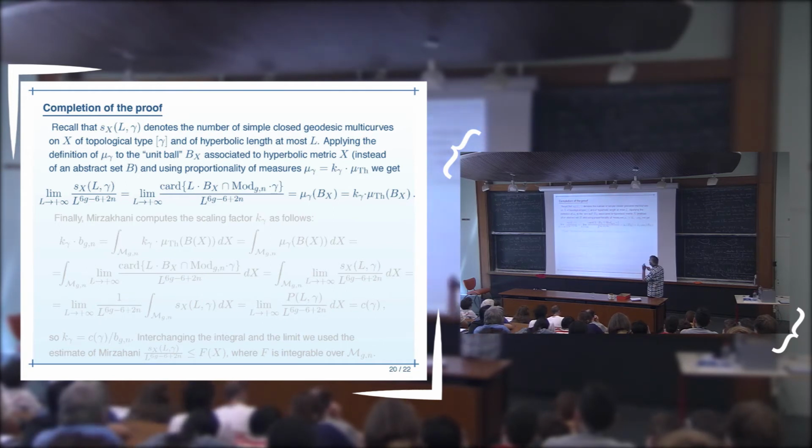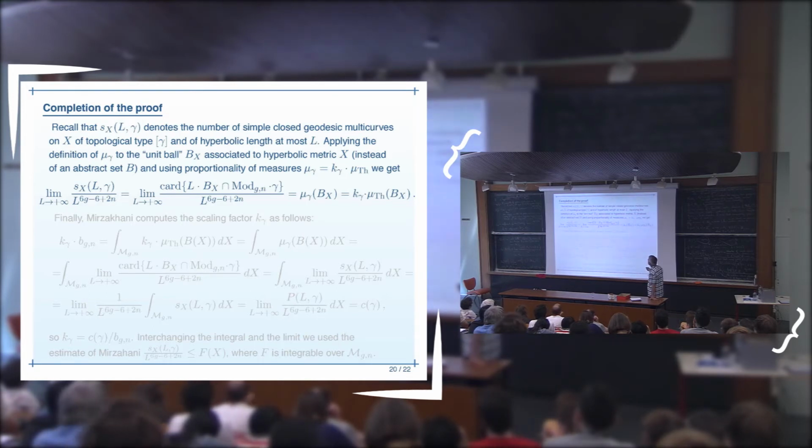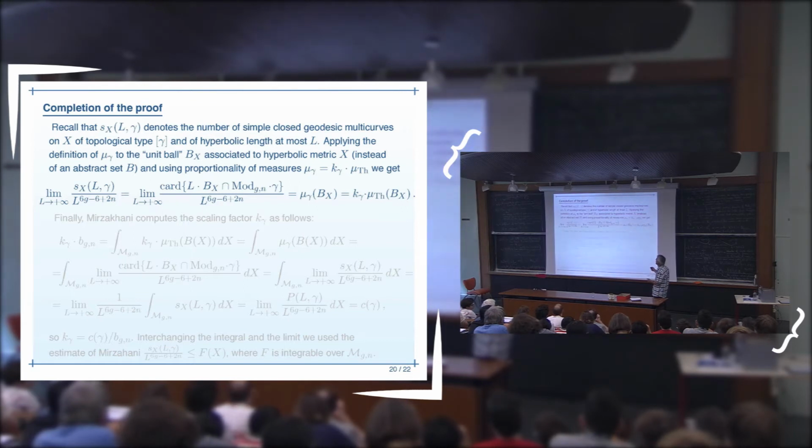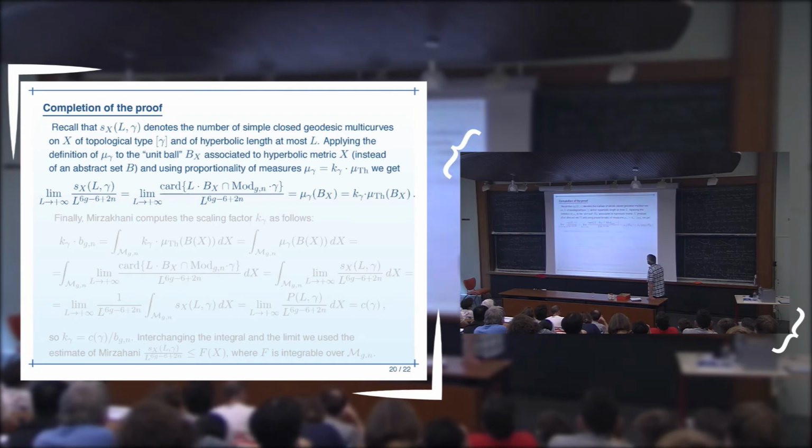This is a subset of sort of integer points, which is the orbit of the mapping class group of our particular multicurve gamma. So this intersection is exactly all possible multicurves of topological type gamma such that the length function evaluated for them has value at most L. So this numerator is just the definition of this quantity. So nothing happens here.